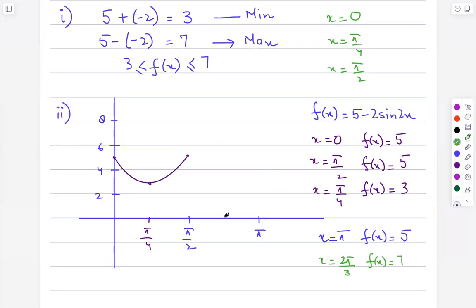So at that point, this value will be at 7. So we'll draw a point at 7, and at pi, the value is 5. Joining these points to continue the sine graph, the graph will be made like this. So this will be the sketch of the function f of x.